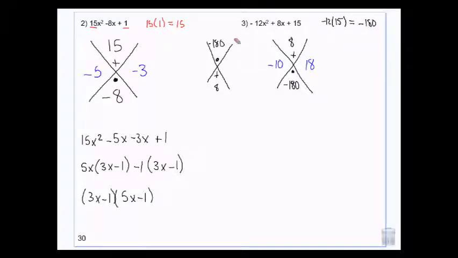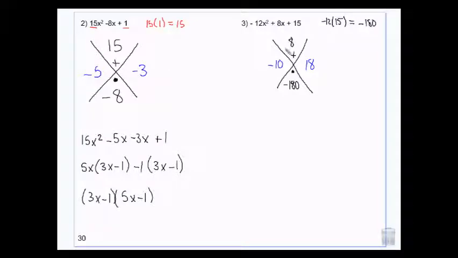If I was factoring this myself, like if it's my homework assignment, I'm just going to go like this. And then I'll put the -10 and the +18, and I've got it. I don't need those symbols, but I tend to write more in the notes than you guys actually need to write down, just so when you look at it later, it makes more sense.